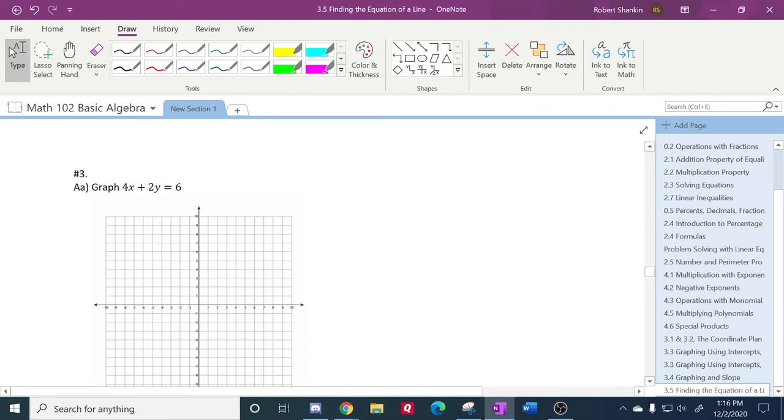So what we do is we take this equation and put it into y equals mx plus b format. To put it into y equals mx plus b format, you basically just solve for y.